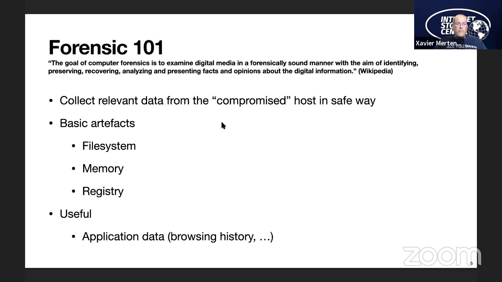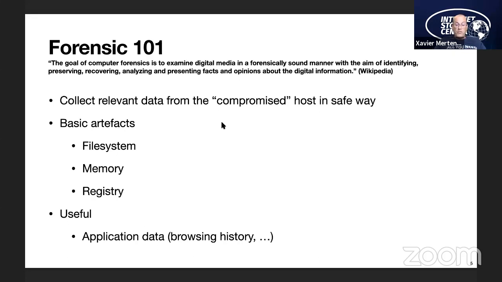But basically, forensic investigations are based on the collection of relevant data on the compromised system, and very important, in a safe way. By safe way, I mean that you cannot change the data. You must be sure that you don't alter the evidence, and you need to collect artifacts, which are basic ones: file systems, files, directories, a memory dump, access to the registry if it's a Windows system, but also useful artifacts coming from third-party applications.